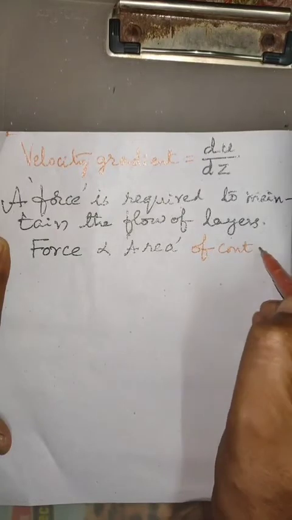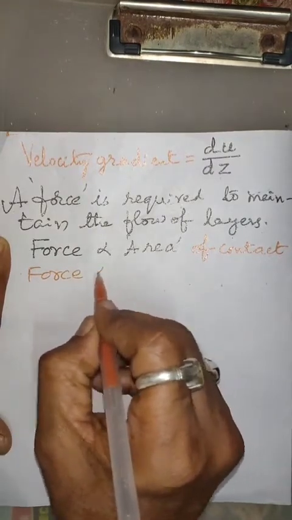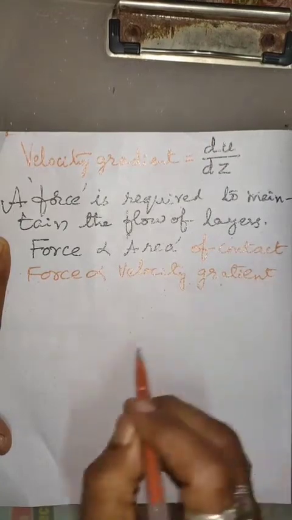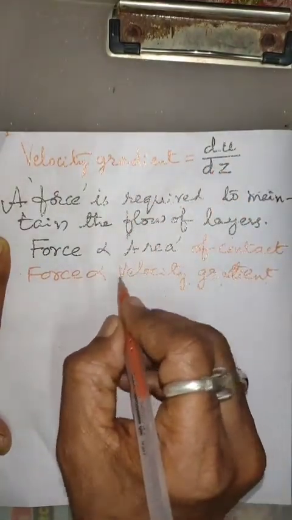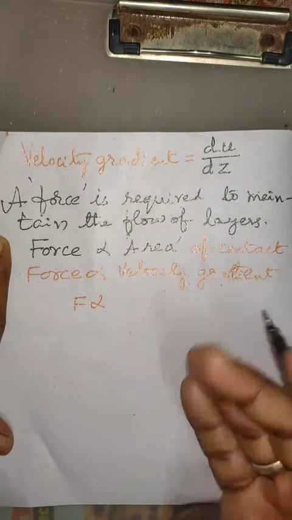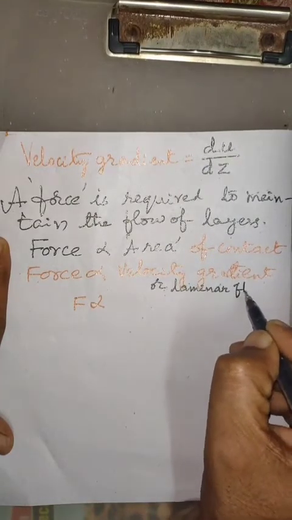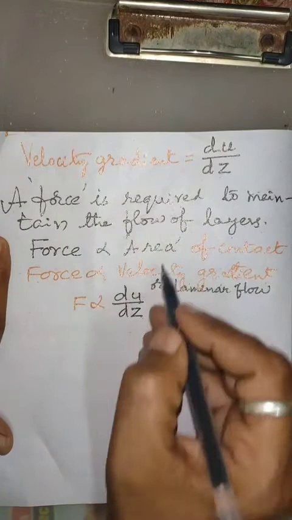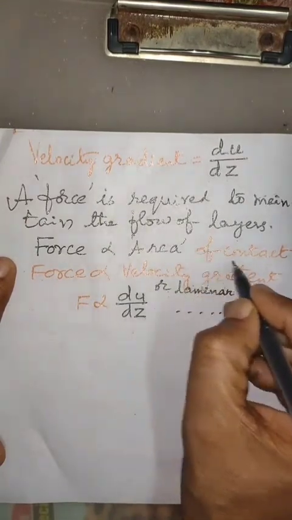Force is also directly proportional to velocity gradient, that is nothing but laminar flow, du by dz, and this is area which is given by A. By combining these two, we have a formula. This is 2, this is 1.